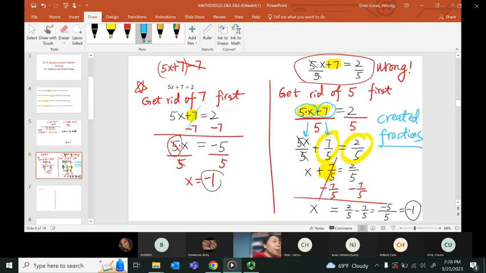Okay, so hopefully this will explain why we don't want to get rid of 5 first, the number in front of x. You can think of this 5x kind of like they're bundled together, temporarily. They're closer than 7. 7 is not really that close to x. So you get rid of 7 first, and then after you get rid of 7, you can get rid of 5 in front of it.